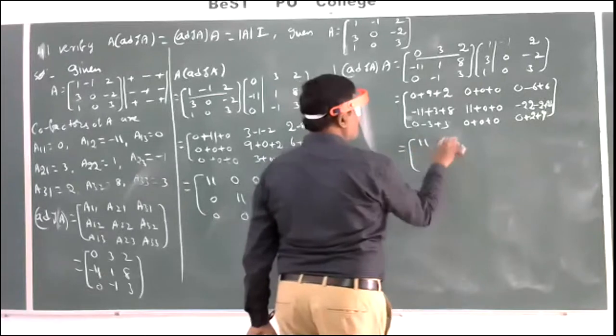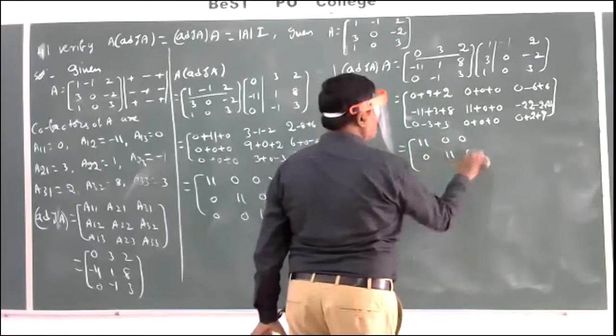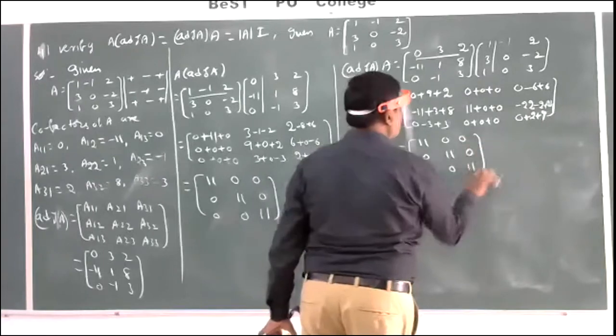This is also [11, 0, 0; 0, 11, 0; 0, 0, 11].